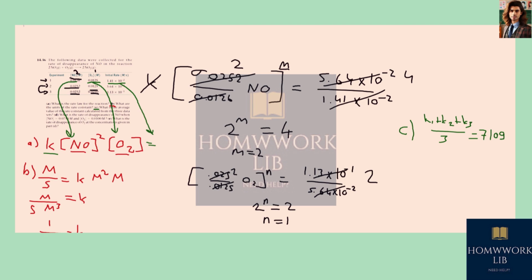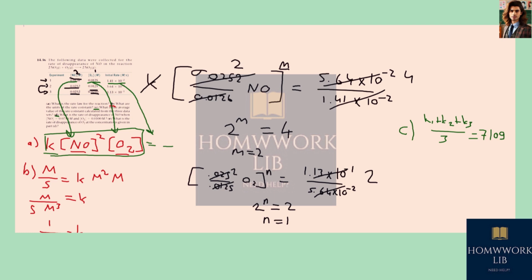At part D, they're asking us what's the average rate of disappearance of NO when NO is 0.075 and O2 is 0.01. So basically what we want to do is write these values into our rate law over here and find the initial rate.